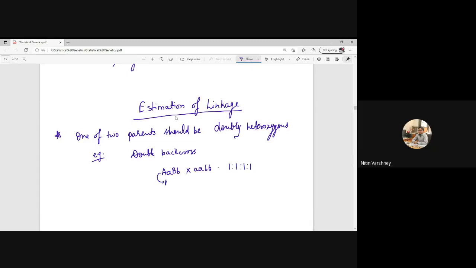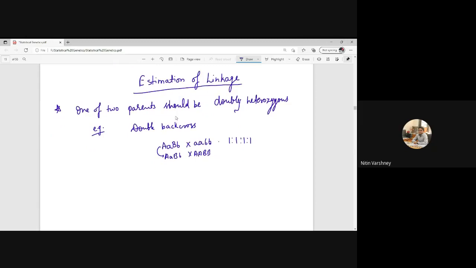And another type is if I take the dominant parent, here also the ratio will be 1:1:1:1. Just check the gametes. So this is one type of example, the double back cross.